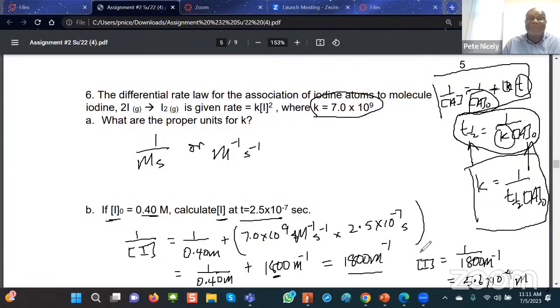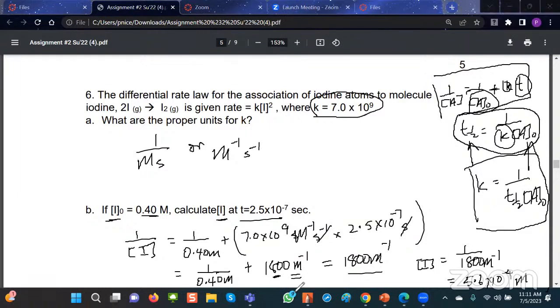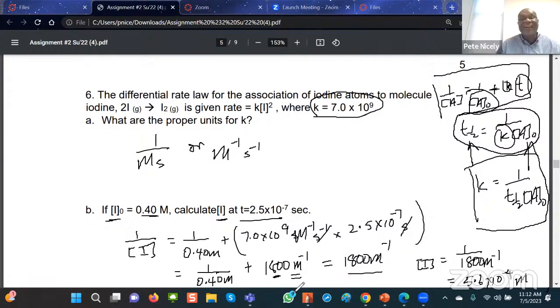Just for the benefit of the rest of the class, those two will cancel out, so you're left with M to the minus 1 here. I just want to make sure you didn't calculate it into the answer. Right, exactly. What you have to remember is that units are basically labels, associated with the type of quantity that they're attached to.